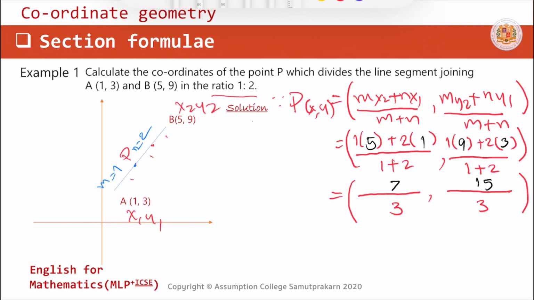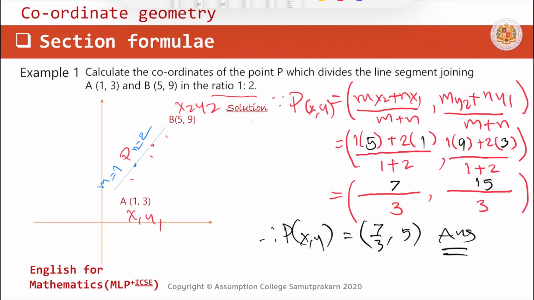At the end, the point P(x, y) is 7/3 paired with the number 5. Okay, that's it. That's the answer.